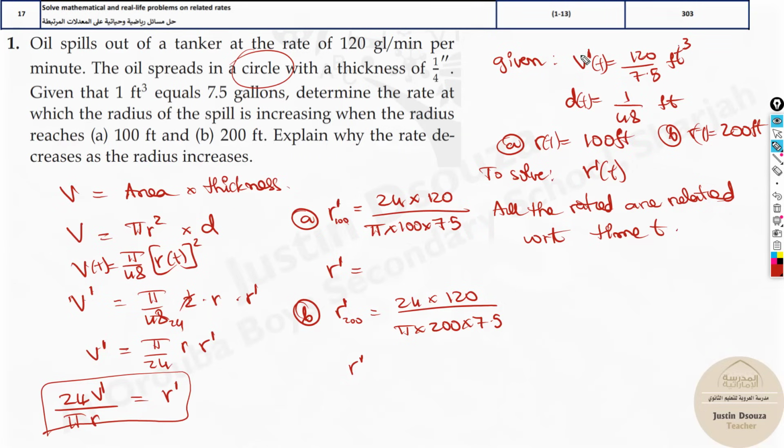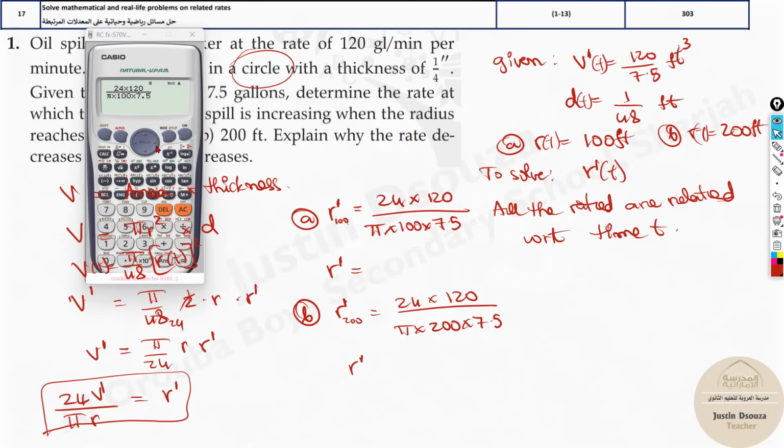Now let's take our calculators and solve. I have just substituted all the values over here: 24 times 120 divided by pi times 100 times 7.5, and the answer is 1.22. So your r dash value is 1.22 feet per minute. So for each minute, the radius changes by 1.22 feet.